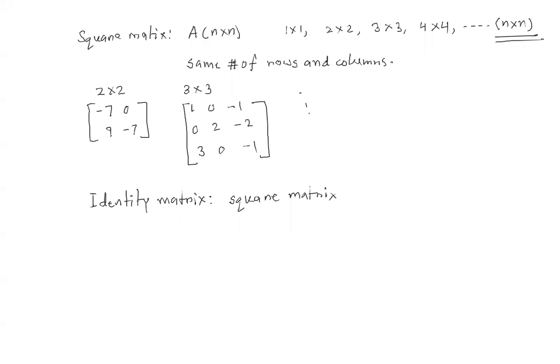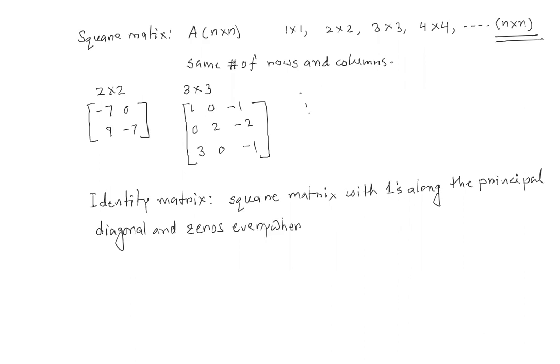An identity matrix is a square matrix with ones along the principal diagonal and zeros everywhere else.